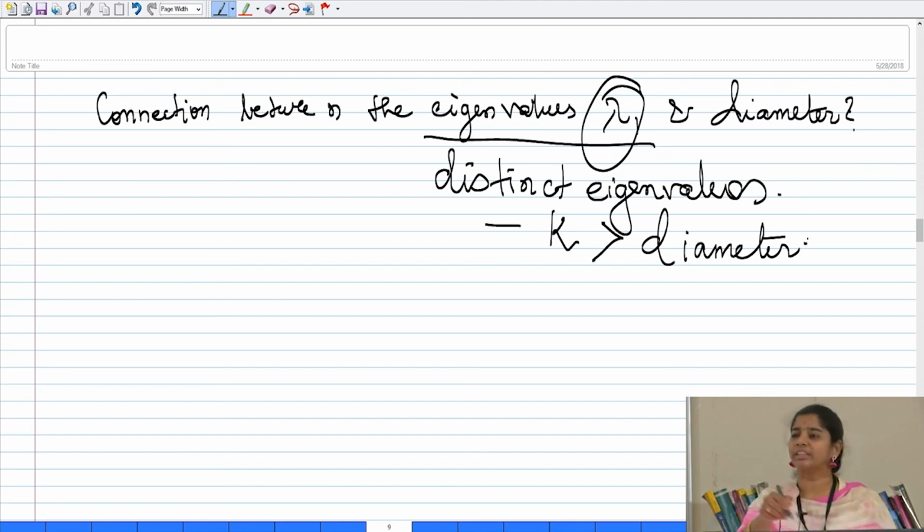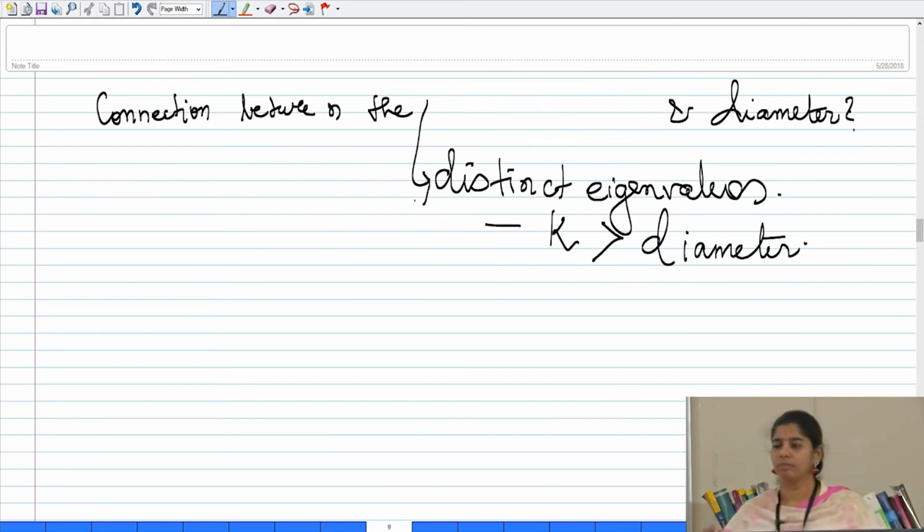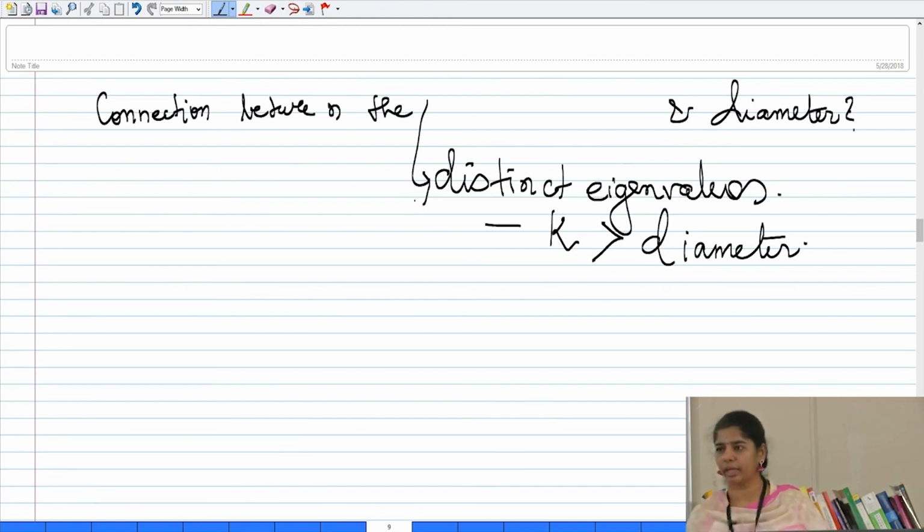No, I will just modify this, I will get back to this because it is a little difficult to see at this point of time. Already I have said lambda 1 is the largest eigenvalue, positive, right. So, we will remove this now and get back a little later. We can connect the diameter and the eigenvalues, we will go to that.